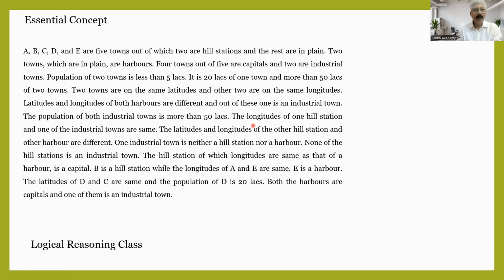Here we have 5 towns and their status, whether they are hill or in plain, harbors, industrial and capital, latitude, longitudes. So on one axis you can take the towns and on the second axis the criteria. So again you can make a grid. A grid will form. So let's see how it is.